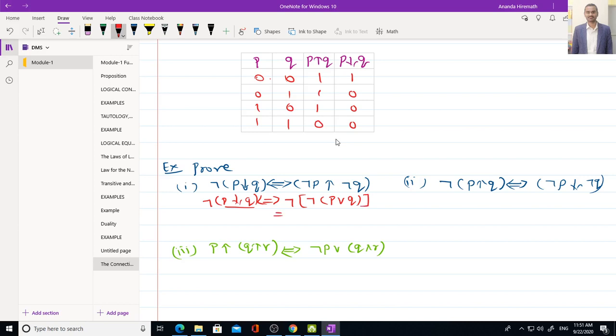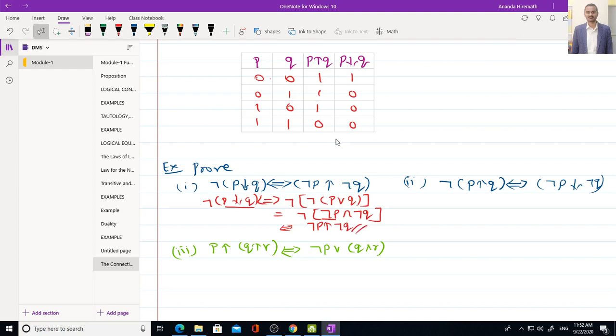If I distribute this negation, it will be negation of P and negation of Q. Now this is not P and not Q, and it is not and, it means not P NAND not Q, and hence true.